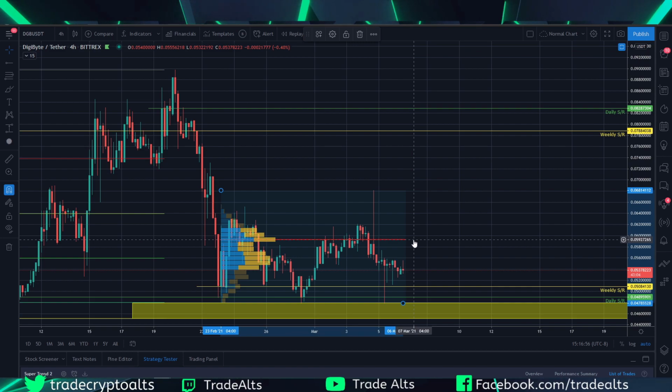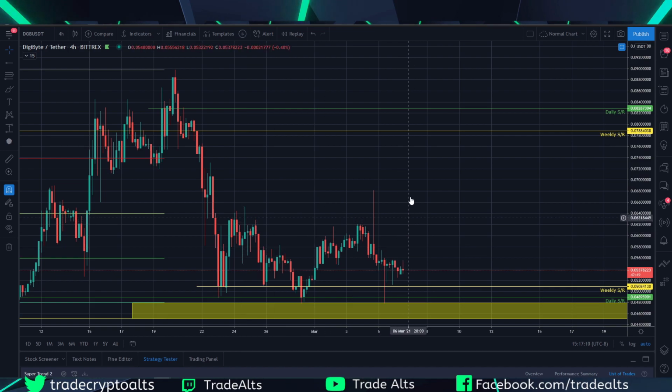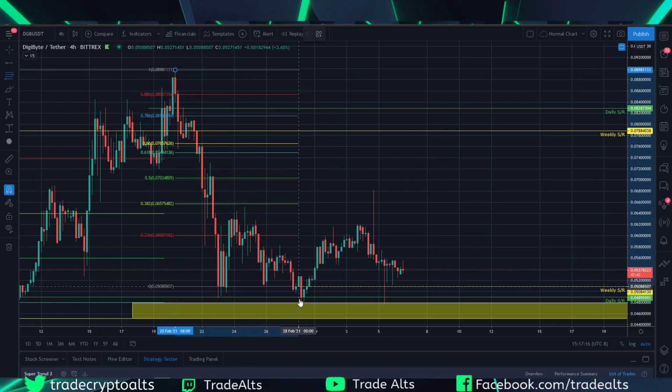This is a really important resistance locally. If you're able to reclaim this, your value area high is sitting here at about 6.1 cents. If you reclaim these levels, good chance you can at least push up and test this weekly. So I will do another fib pull from here.